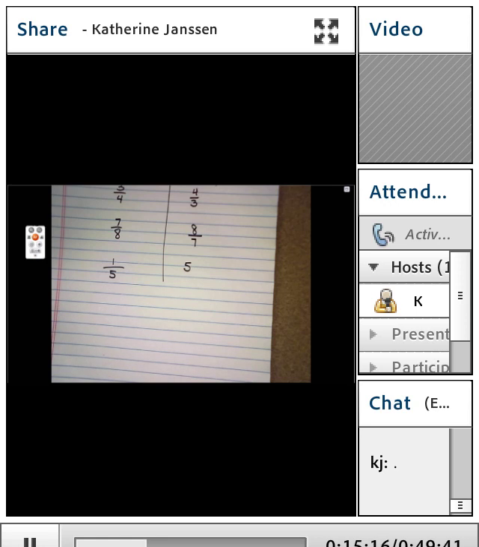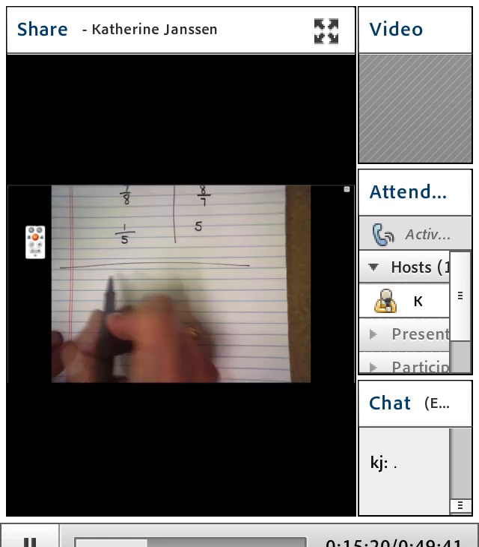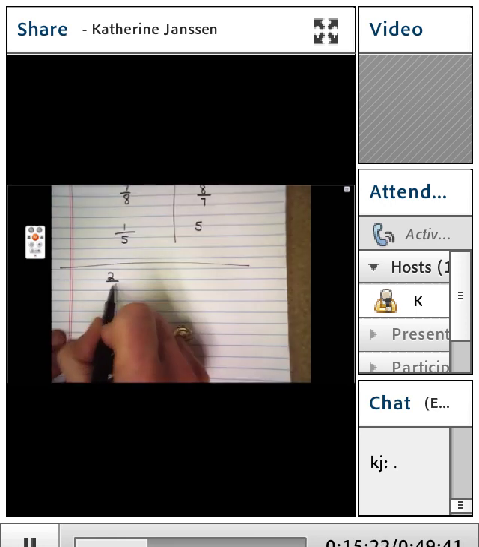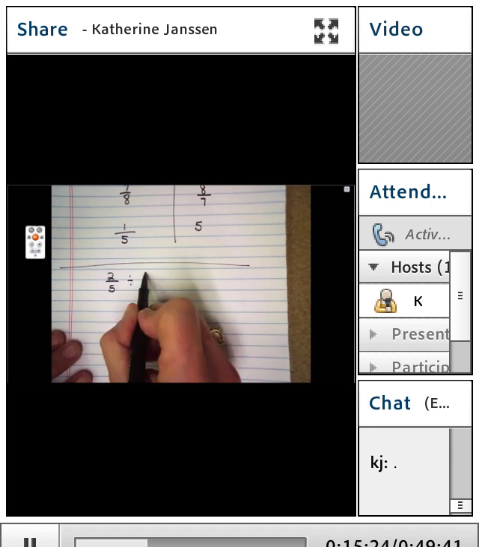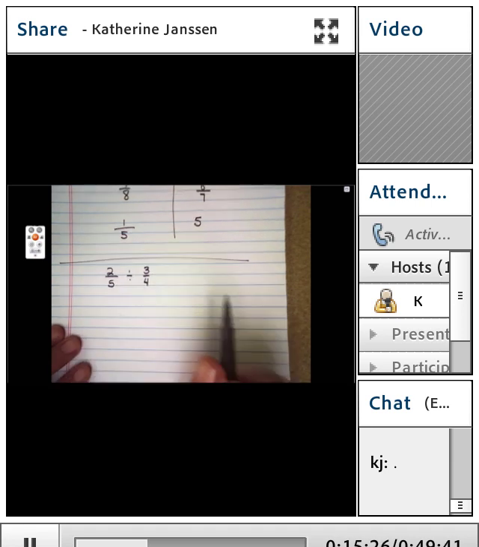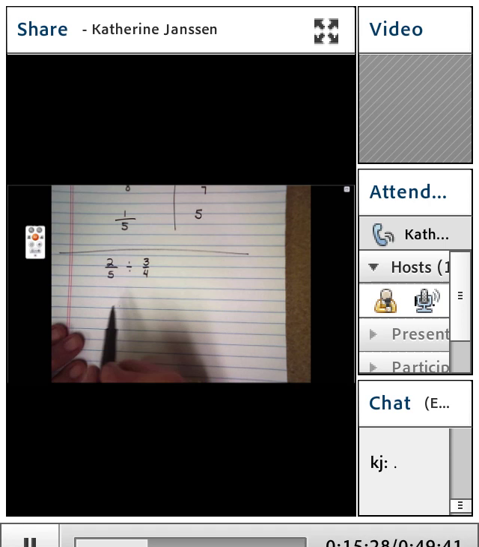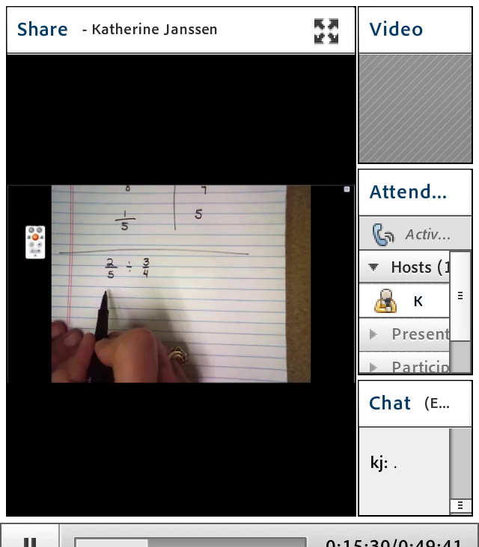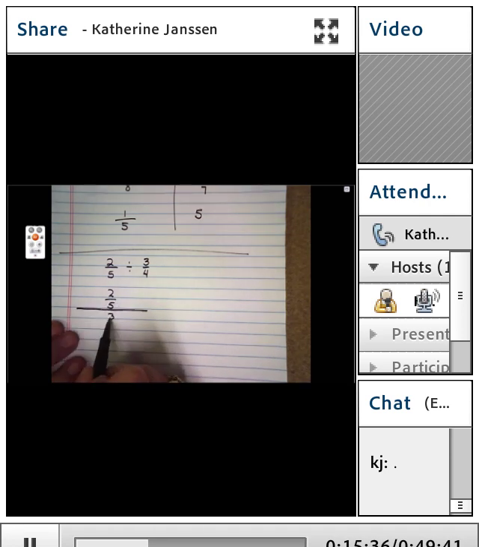So how do we divide fractions? 2/5 divided by 3/4. Well, this is our division symbol, and it really means 2/5 divided by a fraction 3/4.